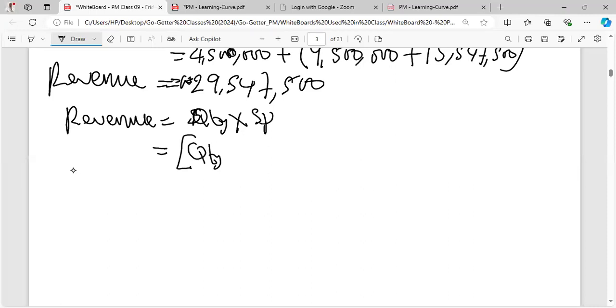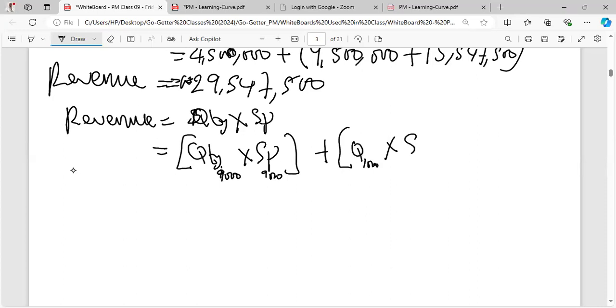Quantity for 9,000 times the selling price for 9,000 plus the quantity for 1,000 times the selling price of 1,000. Now, this is the selling price that we are asked to find. Of course, our revenue here is 29,547,500.